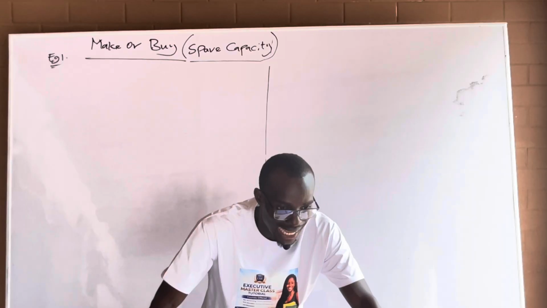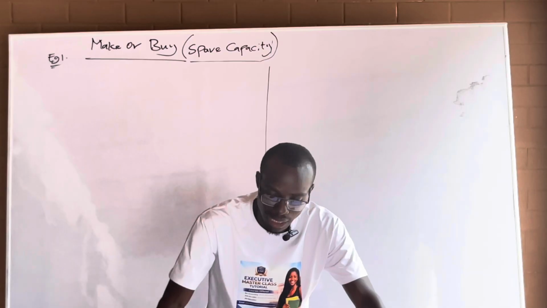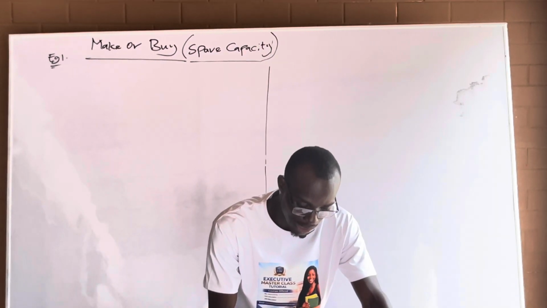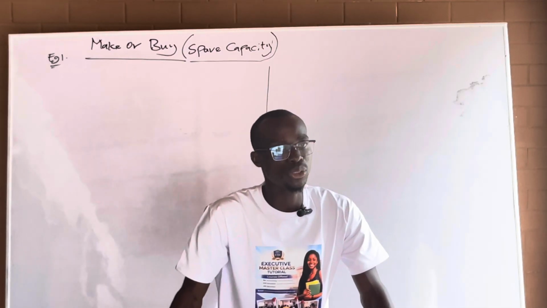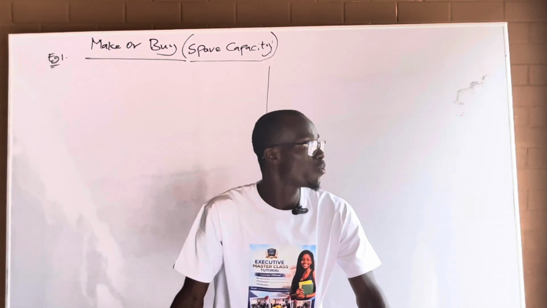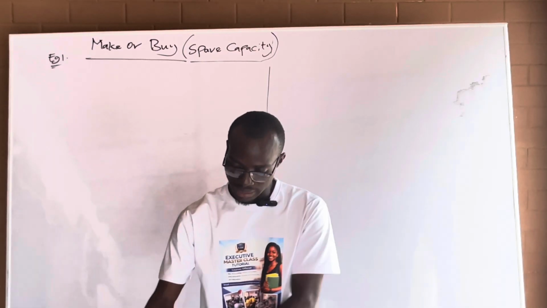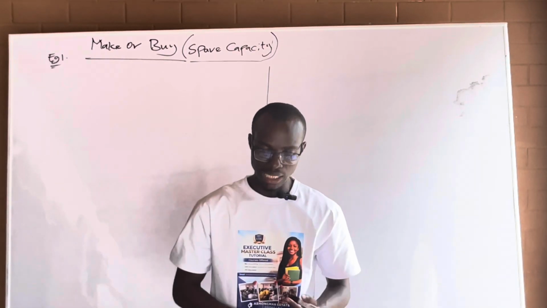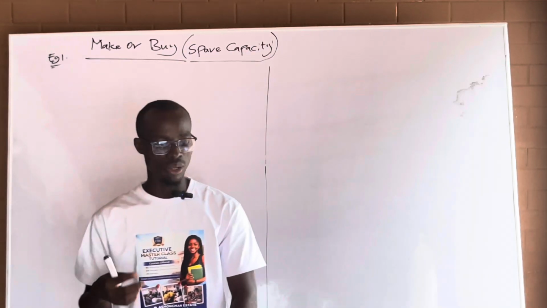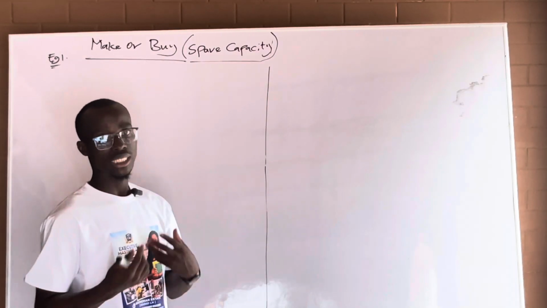So let's see what that is in the question, then we make our conclusion on it. Like I said, the first part of the question was also asking us what you should check if you are sourcing the work. Some of the things you should check when outsourcing a job to an outsourcer are the reliability of the supplier, the confidentiality, legal issues, the lead time. There's a lot of things that you need to check. Those are some of the qualitative aspects of outsourcing a job.